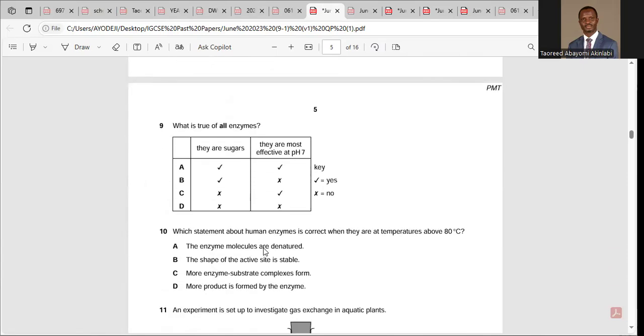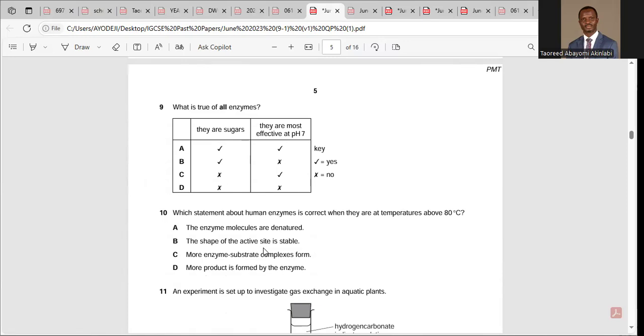For question 9, what is true of all enzymes? Now, enzymes are protein molecules that act as biological catalysts that speed up the rate of reactions in living organisms. That means enzymes are not sugars. That negates the first column. And enzymes also work at different pH values depending on the kind of enzyme we are talking about.